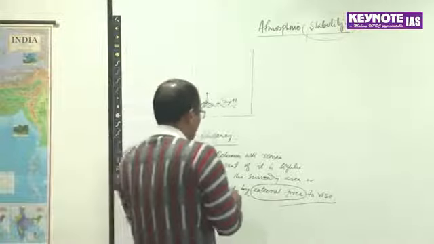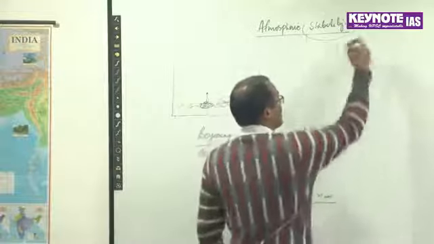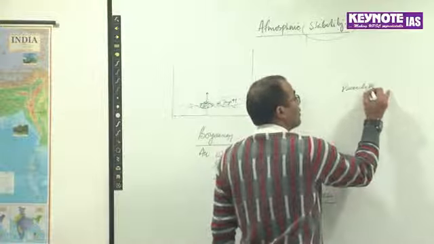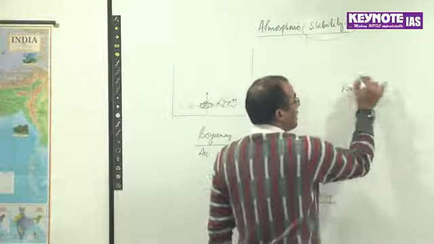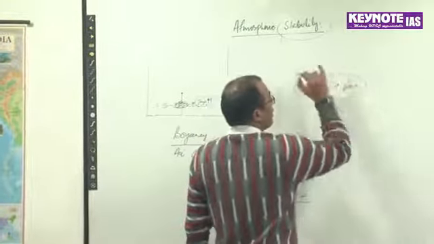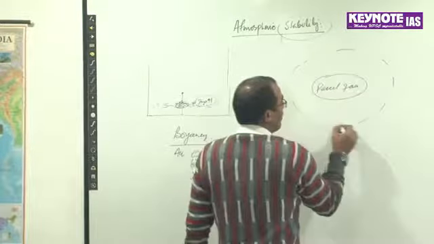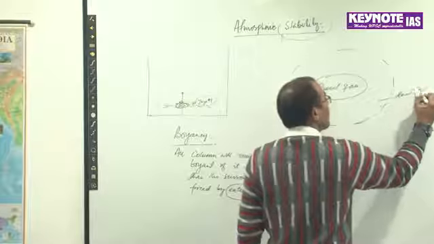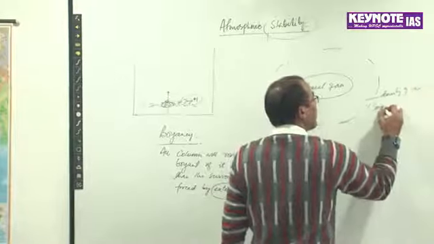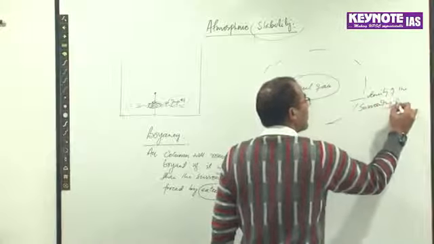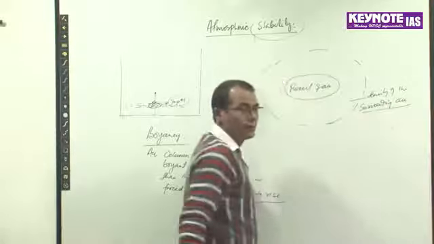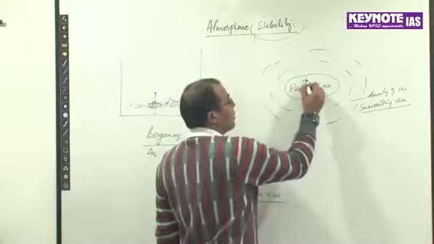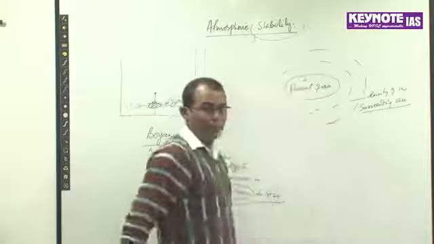Now, it is a comparative analysis between a parcel of air, that is the density of the parcel of air, and the density of the surrounding air. Right? If the density of the parcel is less than the surrounding, it will keep on rising.